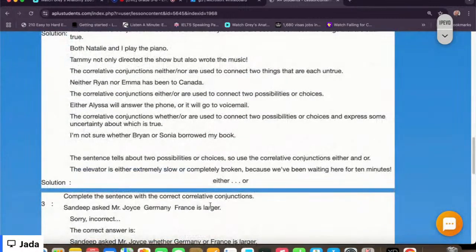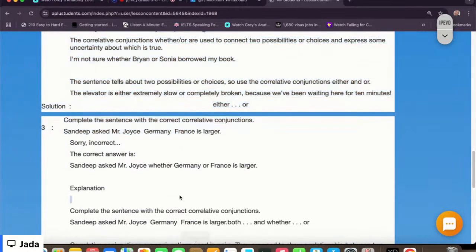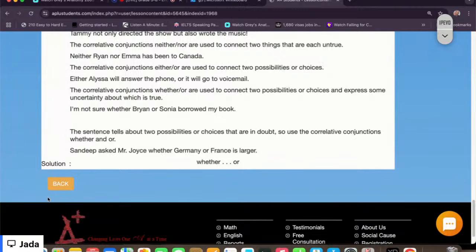What do you think would be the right conjunction? It's either or, because it's a possibility. We don't know, but it's a possibility. Next: Sandeep asked Mr. Joyce whether Germany or France is larger. Whether or expresses some uncertainty because you're not sure which is true.